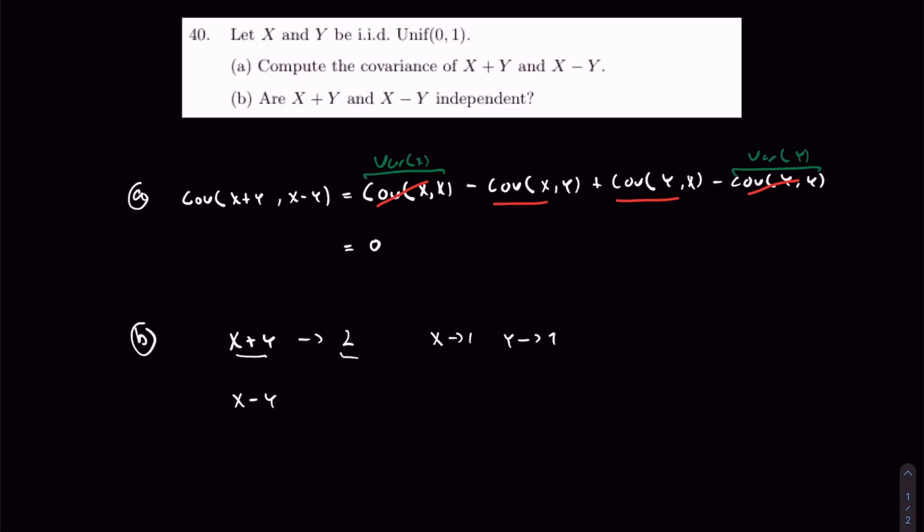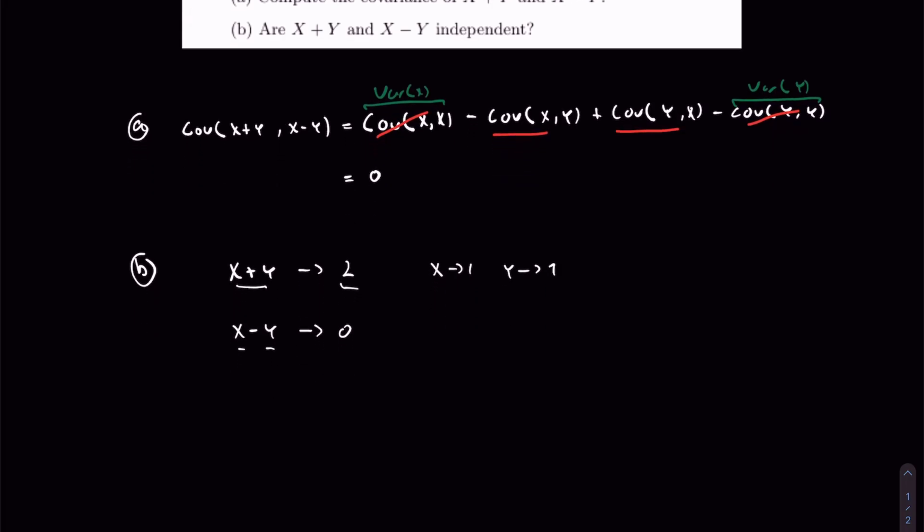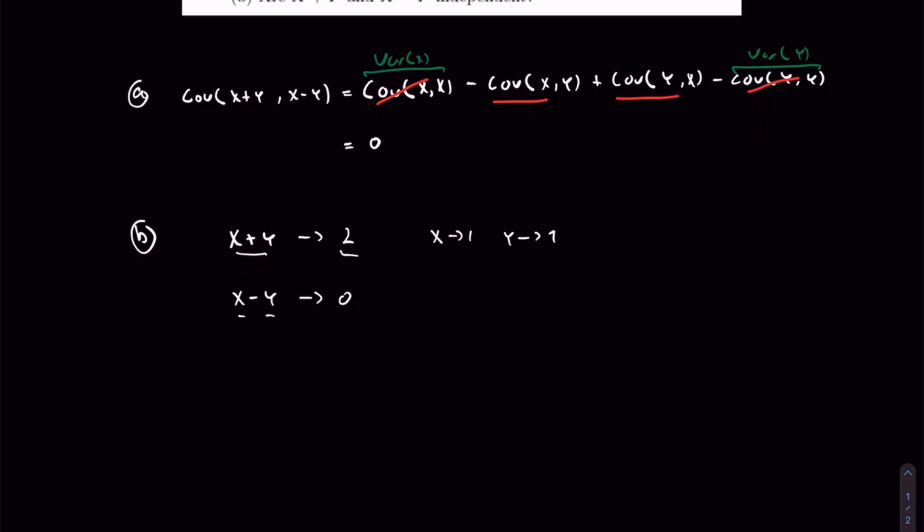But in that case, if this is 1 and this is 1, X minus Y will approach 0. So we see already that there is some dependence here.